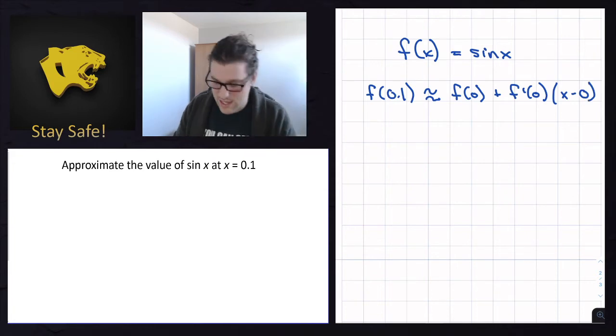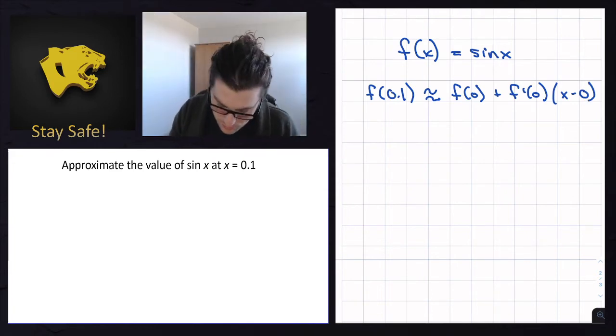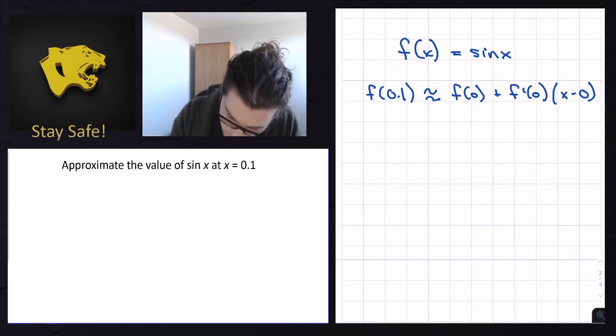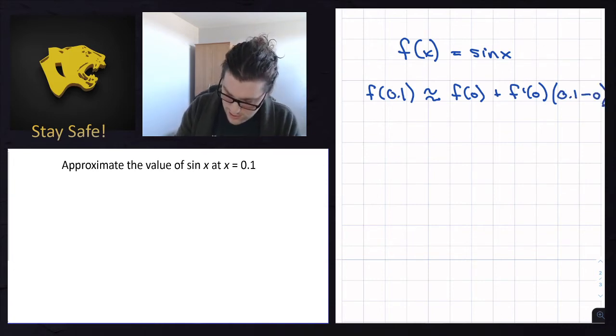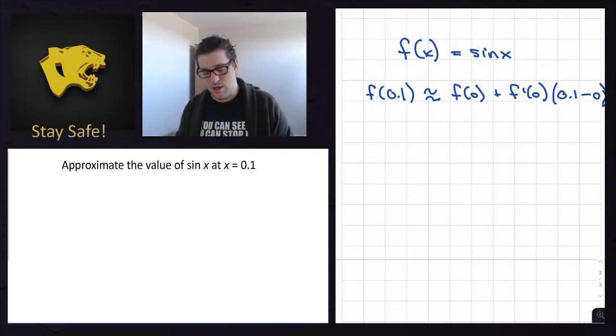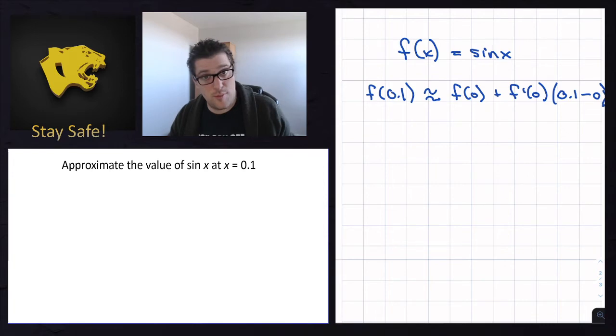Now this x is actually 0.1, so I should probably fill that in instead of putting down an x. So let me do that. 0.1 minus 0. Otherwise it's awkward because there is no x on the other side of the equation in function notation. So that's good. That's our approximation.